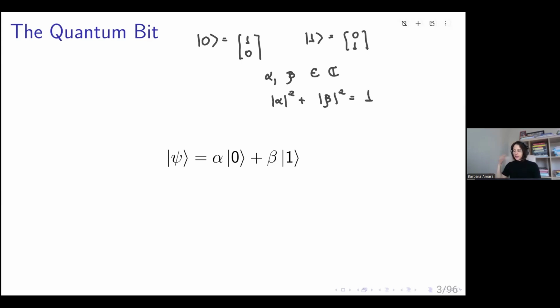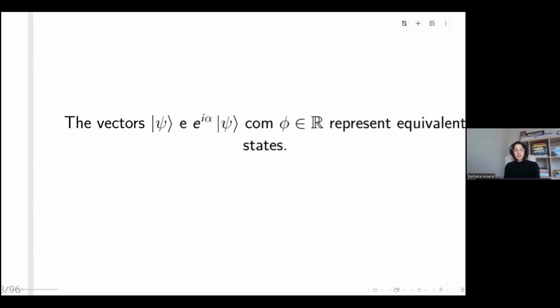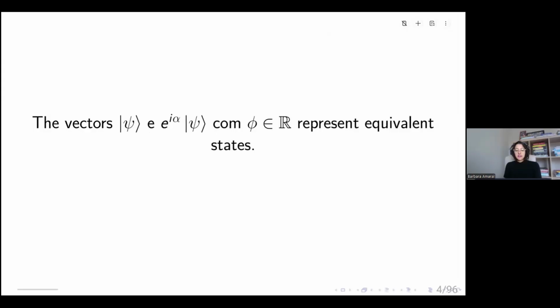That comes from the probabilistic interpretation of these state vectors. Okay. But last class, we saw that there is an equivalence relation between vectors. So there is more than one vector that represents the same state. There is an infinite number of vectors that represent the same state.